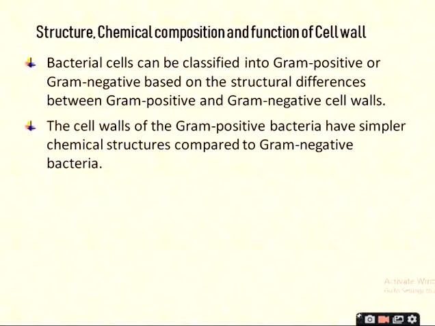The cell wall of gram positive bacteria has a simpler chemical structure compared to gram negative bacteria.